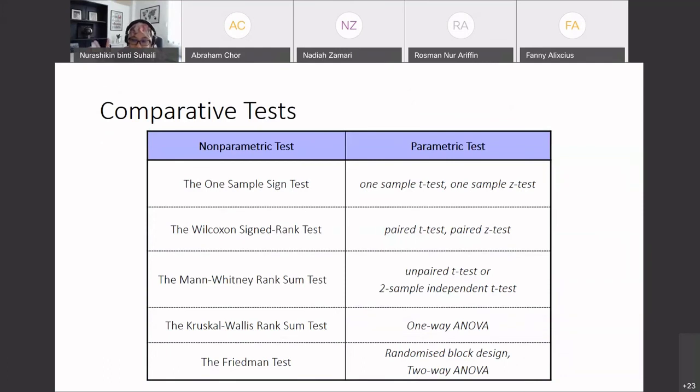We are going to cover the non-parametric test first and then the parametric test. What are the tests needed? When we deal with one sample, and when we deal with two samples, for the parametric test, the names are here, and this is the equivalent for one sample. If we are analyzing one sample of data with non-parametric tests, we are going to apply the one sample sign test.